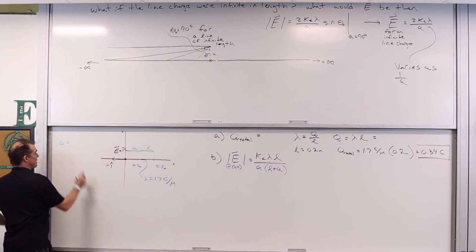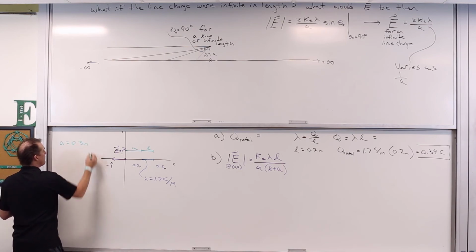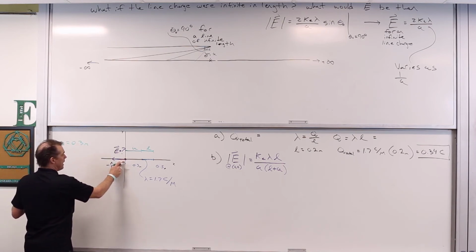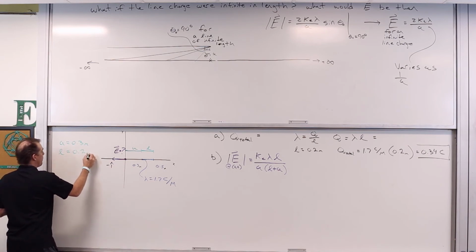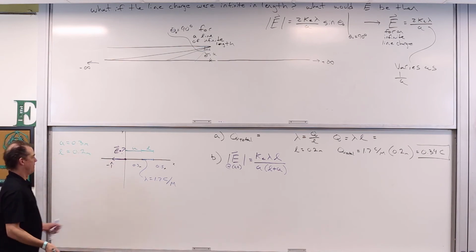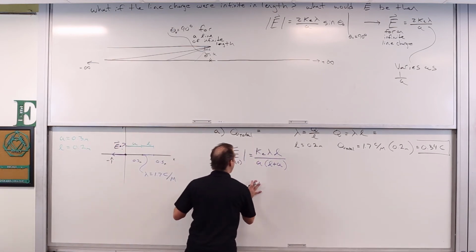We've got that a is equal to 0.3 meters from the origin, and L is equal to 0.2 meters. So we got everything. We've got lambda, we know what k sub e is, fantastic. We can go ahead and calculate this.